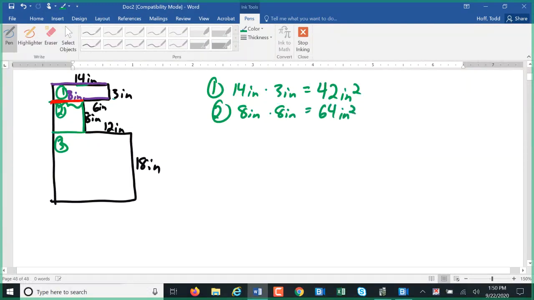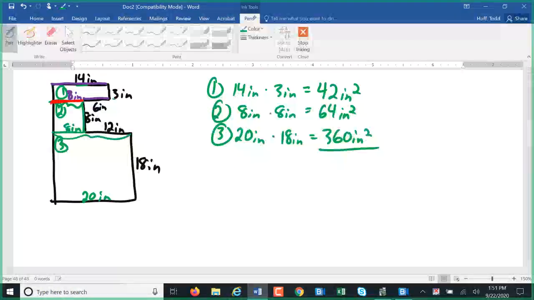64 inches squared. And piece 3, if this is 8 inches, that means all the way across here is 20 inches. So this is 20 inches by 18. That is 360 inches squared.